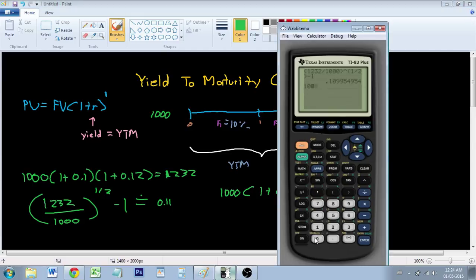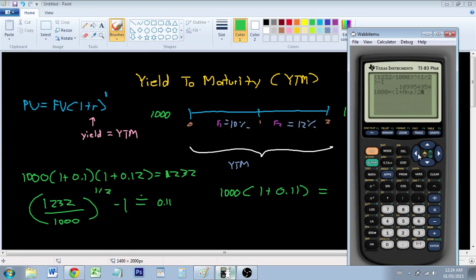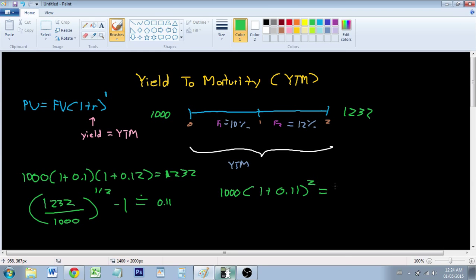So just to verify that, $1,000 times 1 plus that rate over 2 years, remember, not just 1 year but 2 years, because this is 2 periods, you're going to get 1232. And this number here is therefore our yield to maturity. It's a number that if we put in $1,000 at this interest rate for this entire duration of time, we'll get this amount of money.